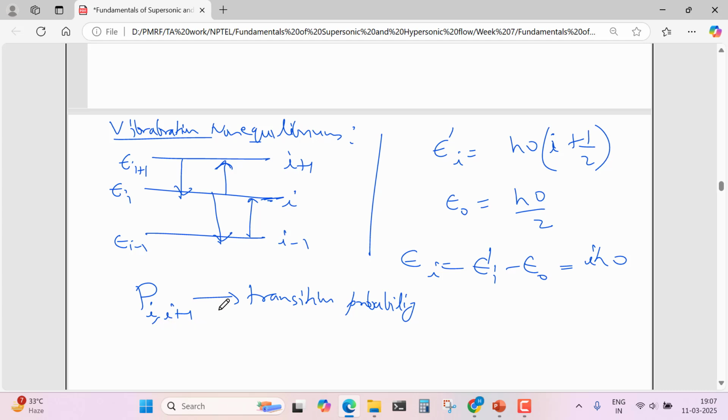And we also know that Z is the collision frequency of a particle, per second.